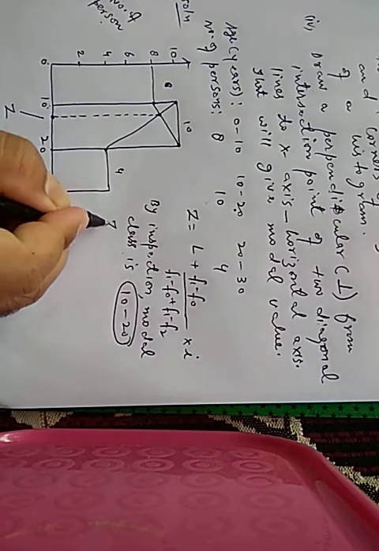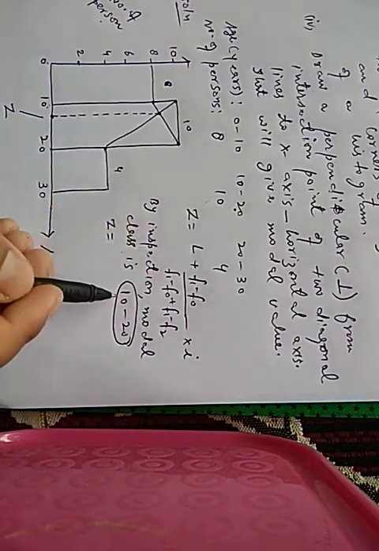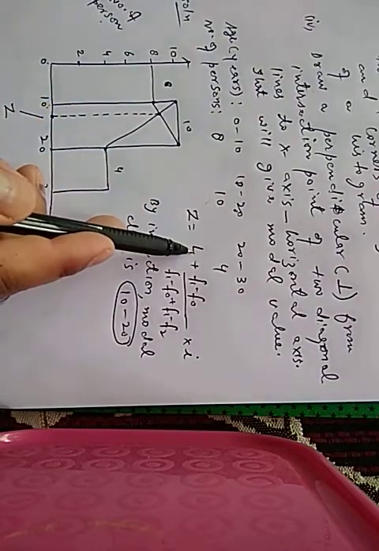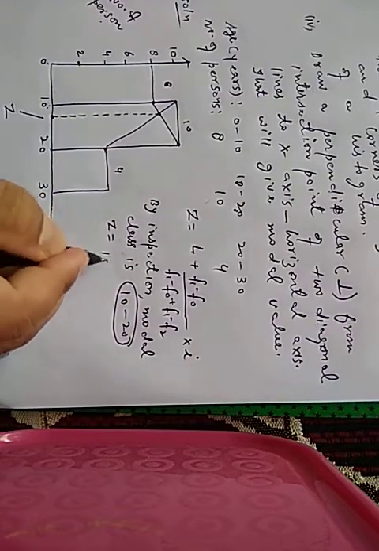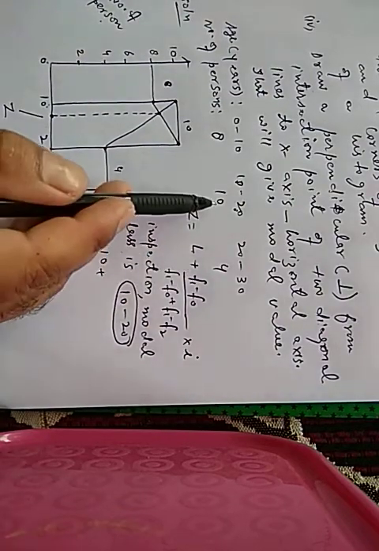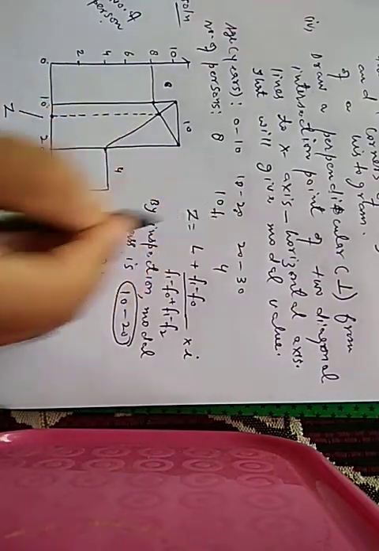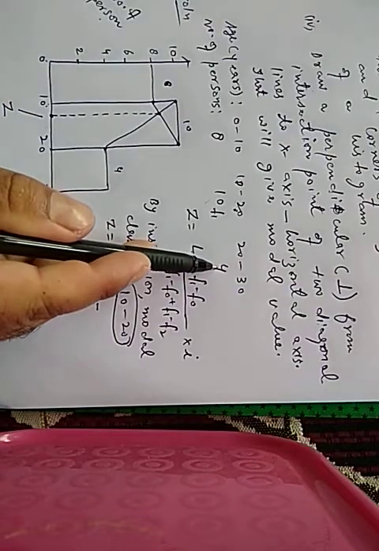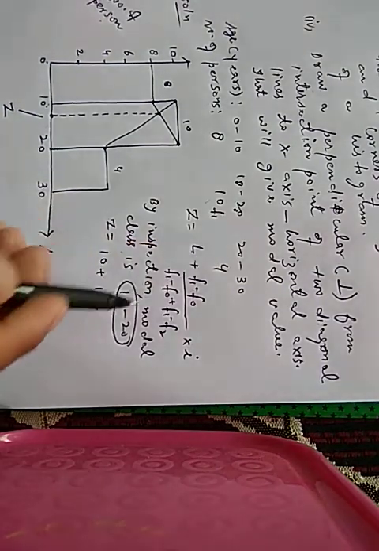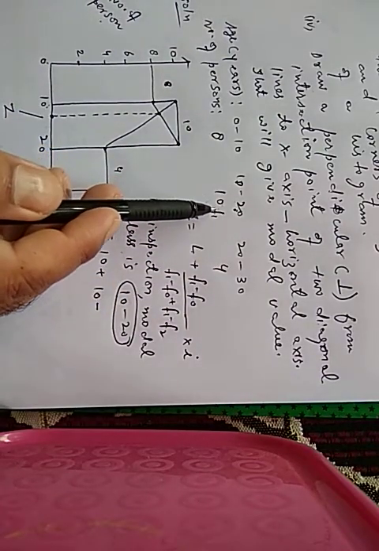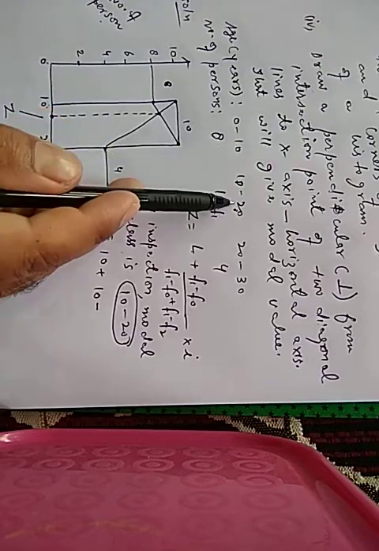Now Z will be equal to, its lower limit is 10 and upper limit is 20, where L is the lower limit, 10, plus f1, that is frequency of the modal class, which is equal to 10, minus frequency of the pre-modal class, or we can say preceding frequency of the modal class.